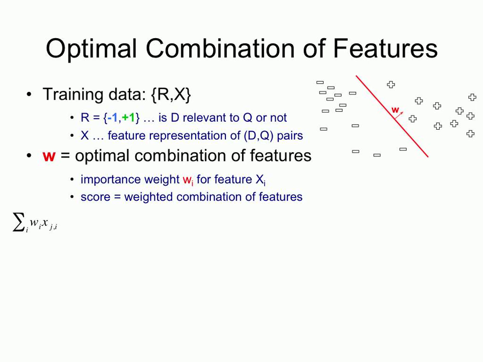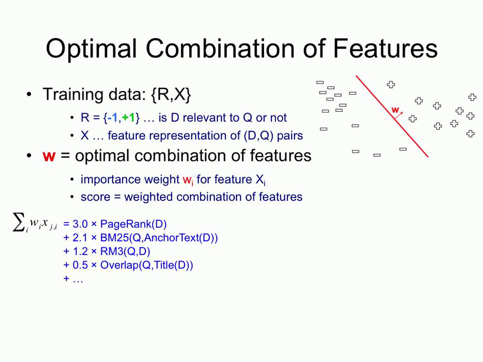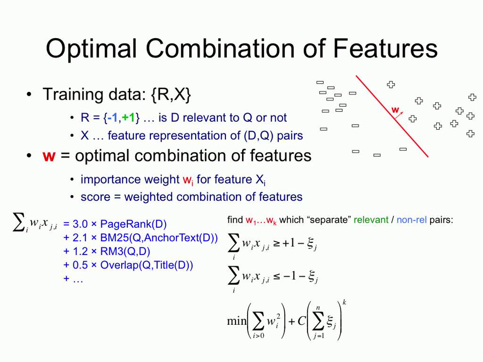So this could be a TF-IDF weighted sum, or a BM25, or an RM3 score, or an anchor text score, or PageRank, or anything. So anything that you've computed, that we've talked about in the scores, becomes an example of X_ji. And what you're doing is you're basically learning a weighted combination of them, and you're trying to put optimal weights in a way that would separate the relevant from the non-relevant as best as you can.